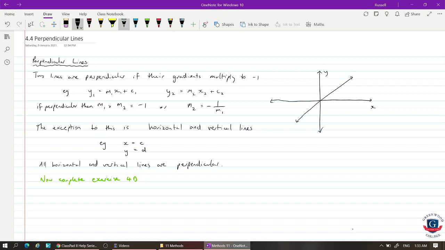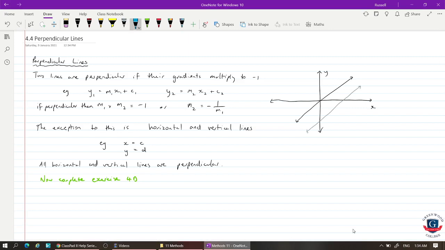If a line was parallel to it, that's not parallel, that's converging. Converging just means that they're going to meet at some point. We don't want them to meet, but it's very hard to draw on a stylus. Okay, these lines are parallel. Their gradients would be the same.